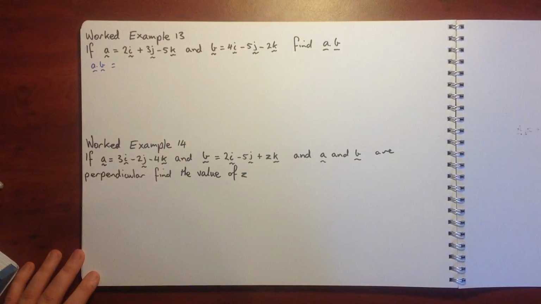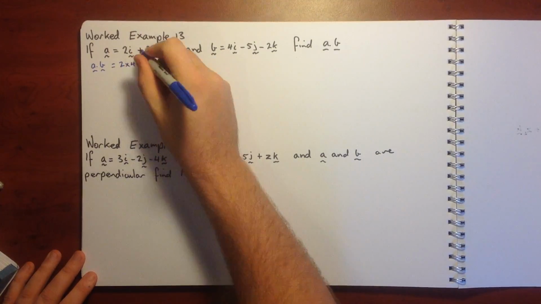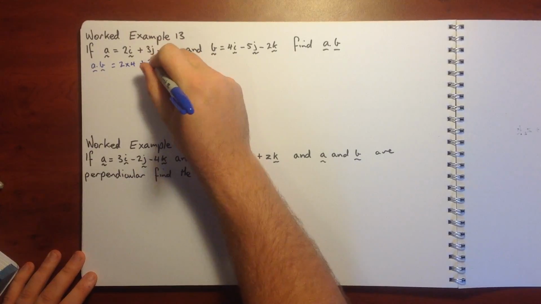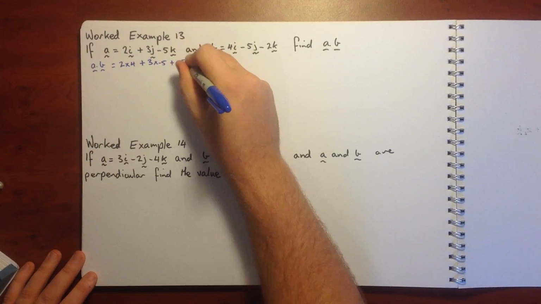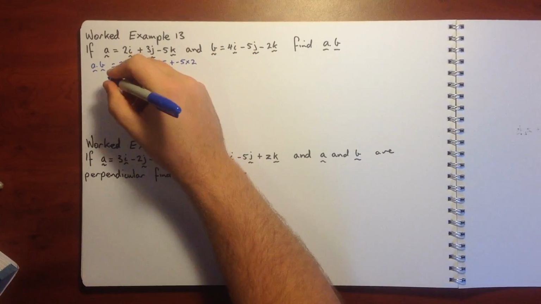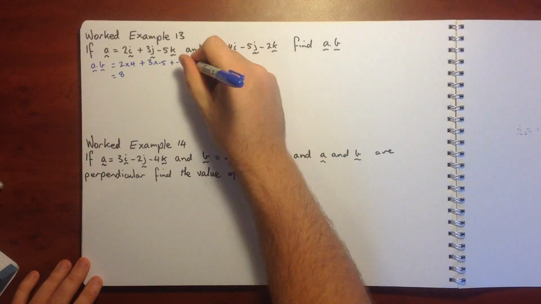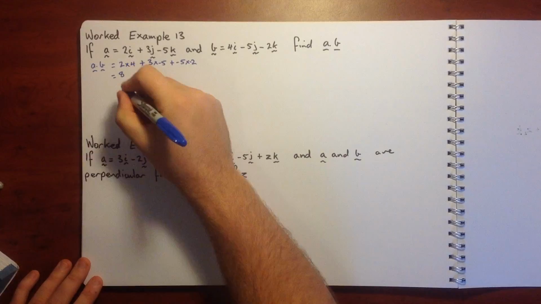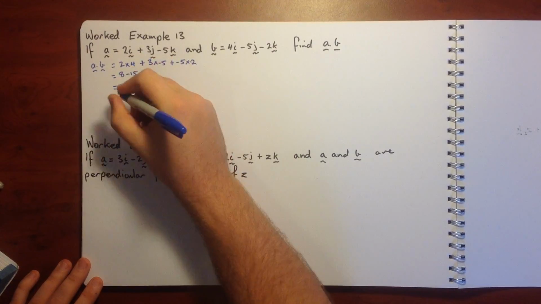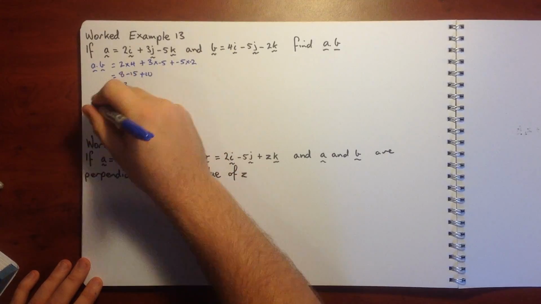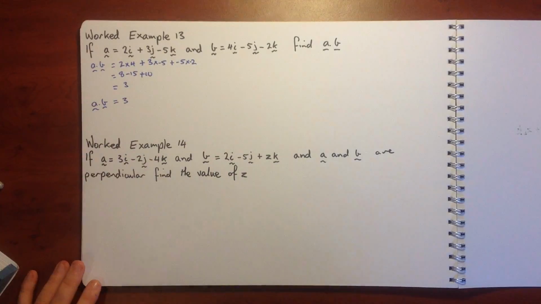So we can simply say that we have 2 times 4 plus 3 times minus 5 plus minus 5 times minus 2, which will be 8 take 15 plus 10, which is going to equal 3. So a dot b equals 3.